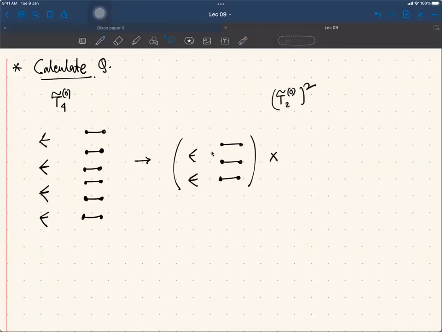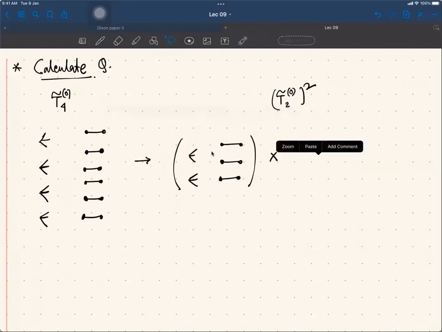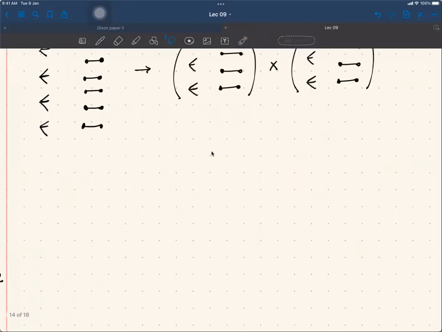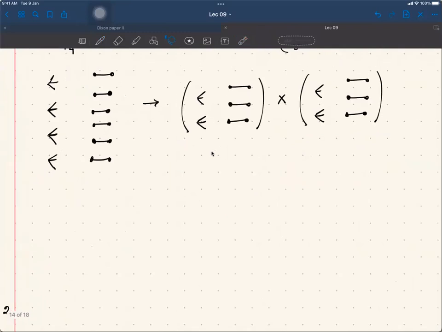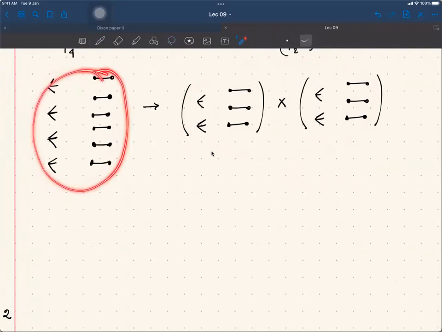So you just take the square of it. This is the configuration that we are looking for, but initially we have this, and we have to figure out in how many ways this can lead to these configurations.